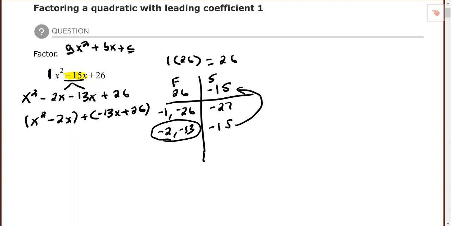And since we had a negative 13x, remember that negative needs to travel inside the parentheses with the 13 on that third term. Factor out the GCF from each group. So x squared minus 2x, I can factor out an x. And if I factor out an x or divide each one of those by x, I'm left with x minus 2 in the parentheses.